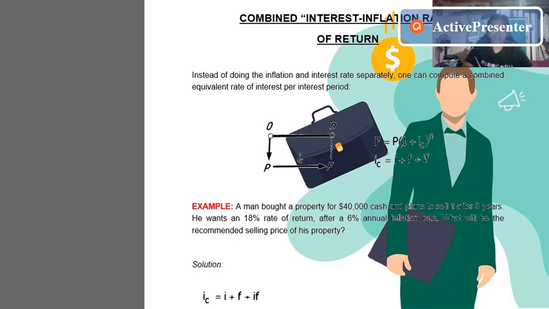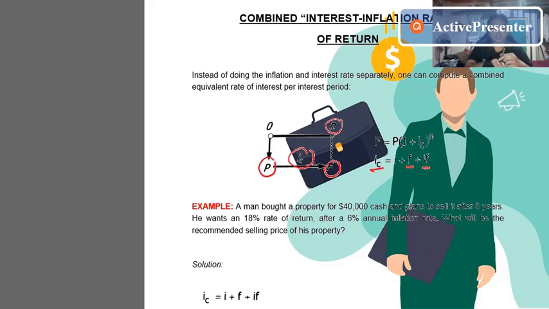We have our cash flow, where P is the present, F is the future, ic is the combined interest rate, and N is the number of years. Our formula for F is P multiplied by (1 plus ic) raised to N. The formula for the combined interest is ic equals i plus f plus i multiplied by f, the inflation.